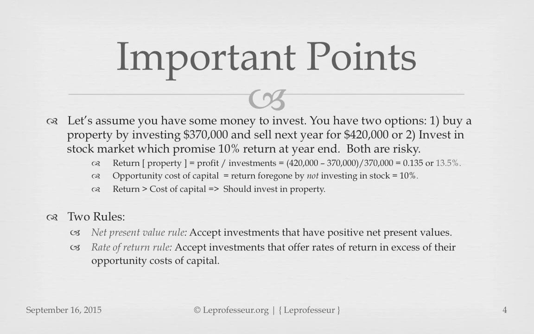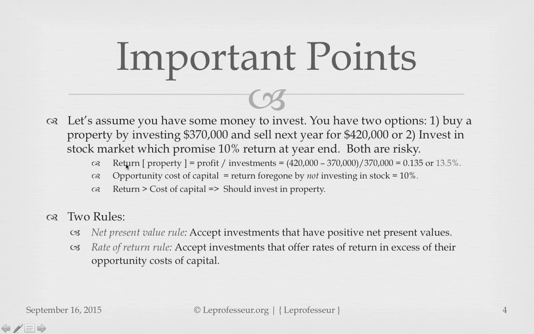Okay. So, selling the house, your condo, next year will give you 420,000. And the second option is that if you invest in the stock market, it promises to give you 10% return at the year end. Now, both riskiness is the same. So, what are you going to do?